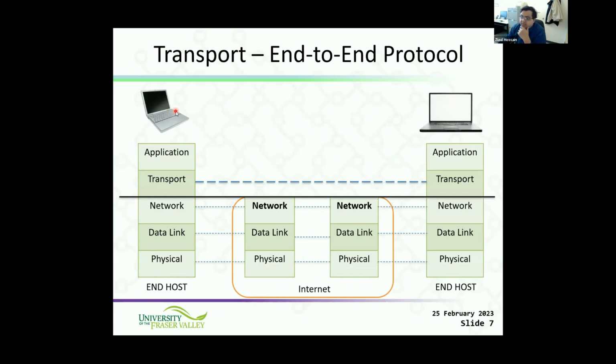We have different layers, and different tasks are done in different layers. This is what the layers look like. For example, from this computer on the left-hand side, you want to communicate with the right-hand side computer. You have these protocol layers: application layer, transport layer, network layer, data link layer, and physical layer.